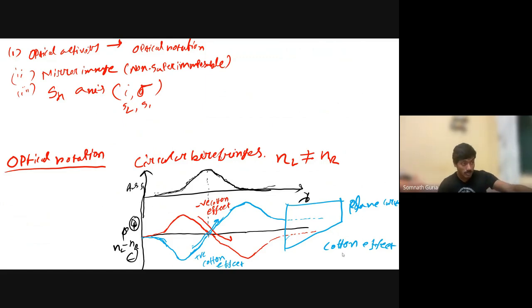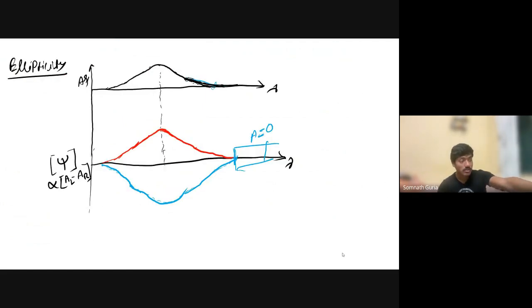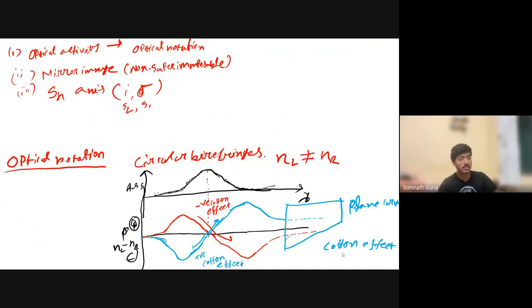And that's how the CD spectra works. Another interesting point is the plain curve, which is found in the optical rotation, the circular birefringence, where the molecule does not absorb any light in that region.